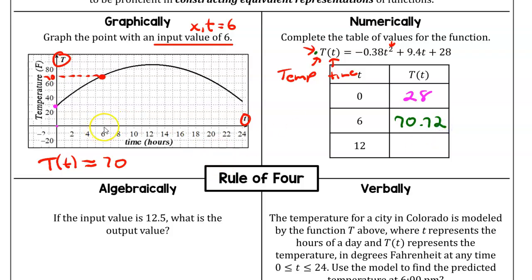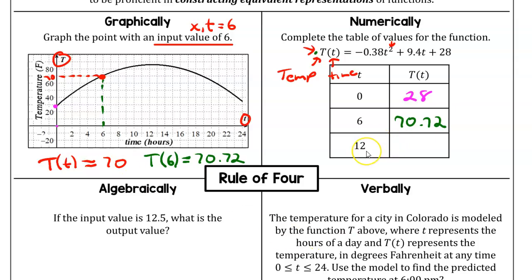And that's for 6. That's what we did earlier, when I was looking at the graph to find the value at 6, it looked like about 70. Now I know T of 6, the temperature at 6 hours, is actually 70.72. We had a very good estimation, but now we can say this is equal. Before, we could say it was approximately. It's just rounded.